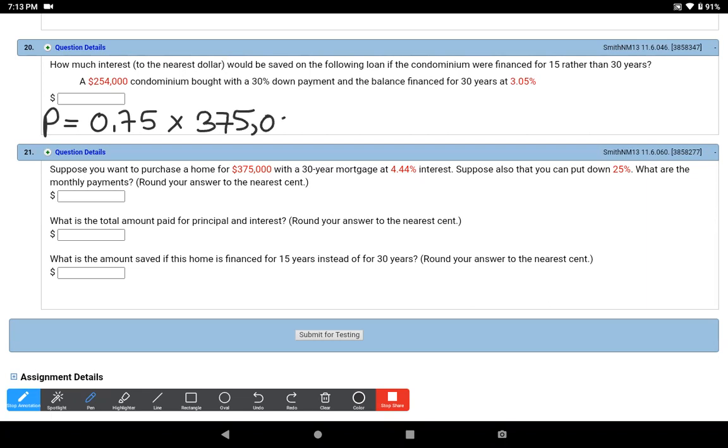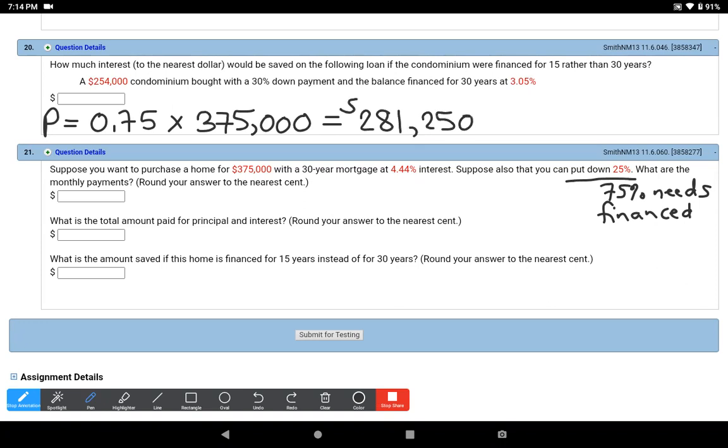So we're going to ask for a loan on 75% of the house. So 375,000 times 0.75 equals, we're going to need to borrow $281,250, right?